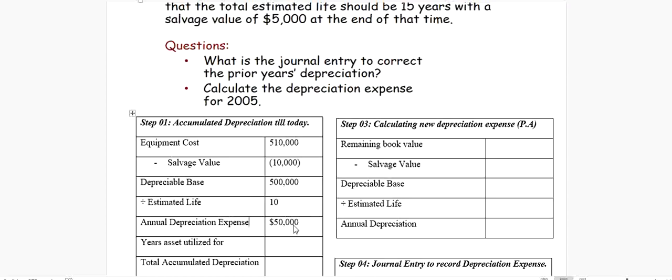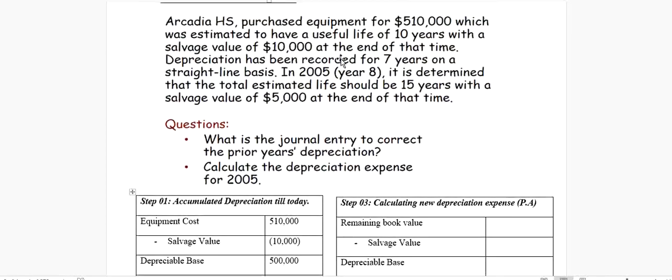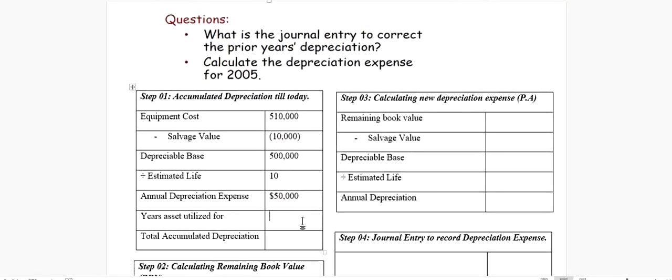Now the data said that we recorded it on the straight line method for 7 years, and after 7 years we realized that changes must be brought. So this $50,000 recording was done for 7 years, and whatever the total amount of depreciation recorded till the end of the 7 years, we will call it accumulated depreciation.